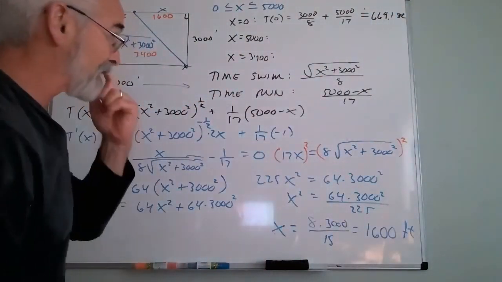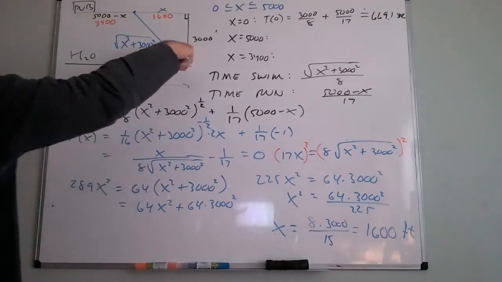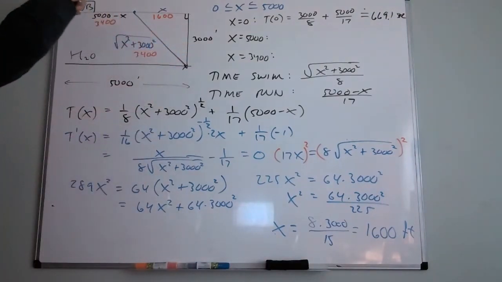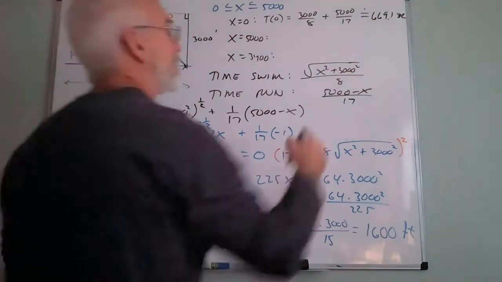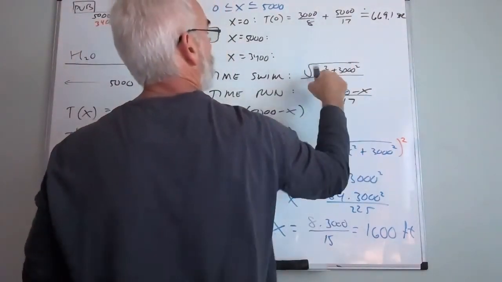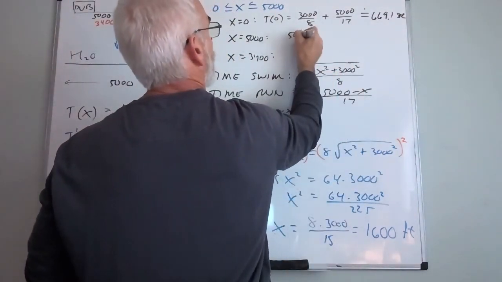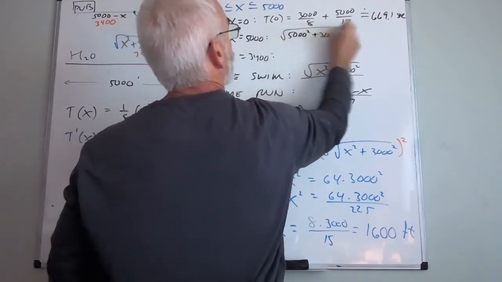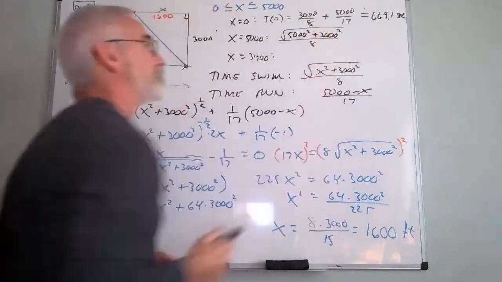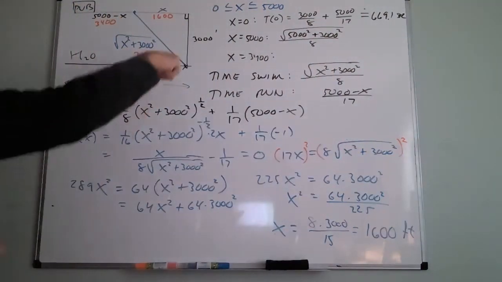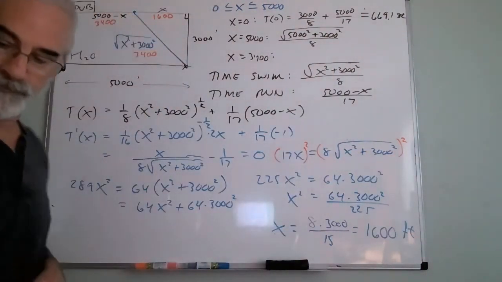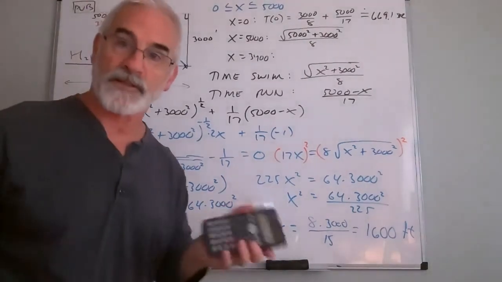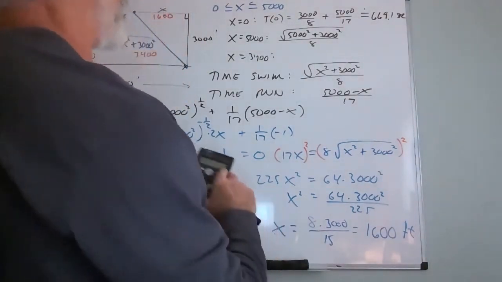Now, second scenario. I swam the whole way. So that means that I'm going to be square root of 5,000 squared plus 3,000 squared over 8. There was no running. I swam the whole way. Okay. But remember, he's got Michael Phelps speed, so that might not be a bad thing.